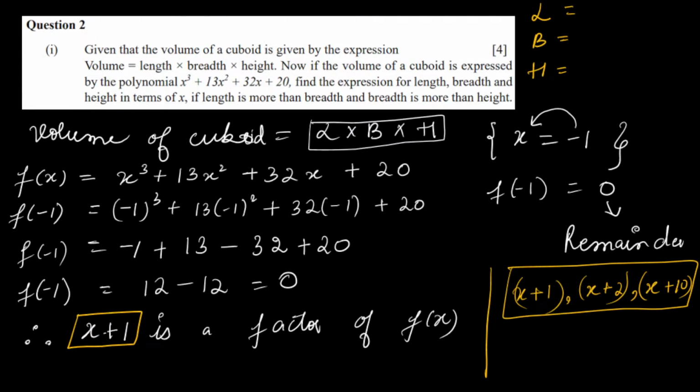In this question it says find the expressions for length, breadth and height in terms of x only. If length is more than breadth and breadth is more than height, then what is the expression for length, breadth and height? I want you people to answer. Full factorization we have done, but this is the last step here.